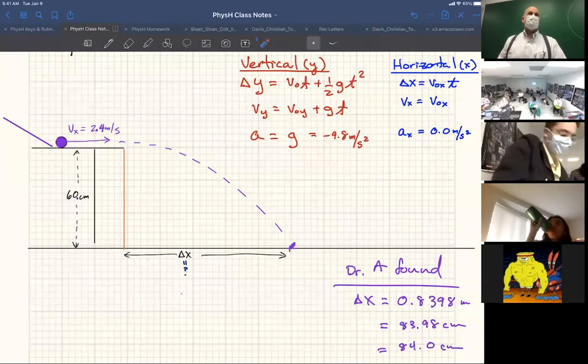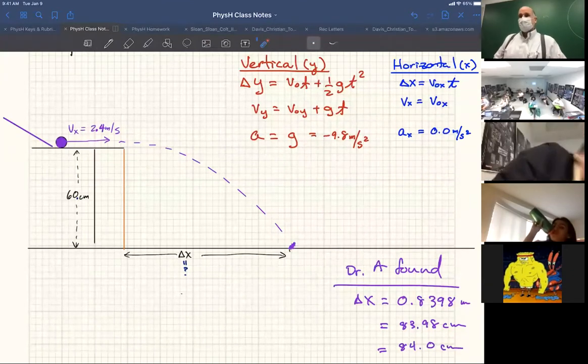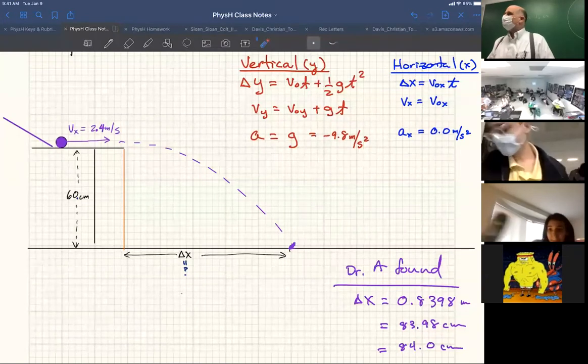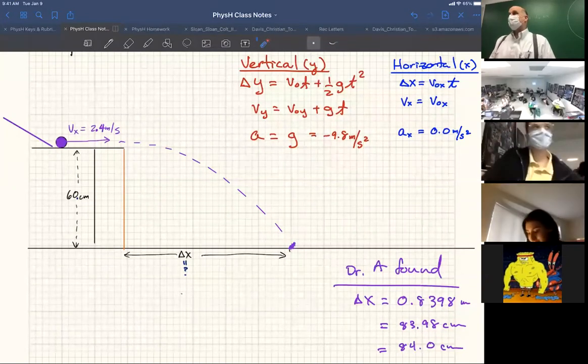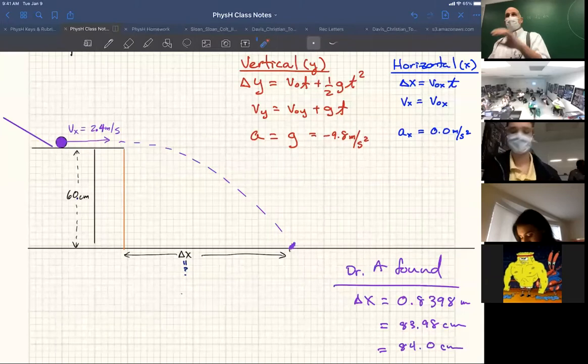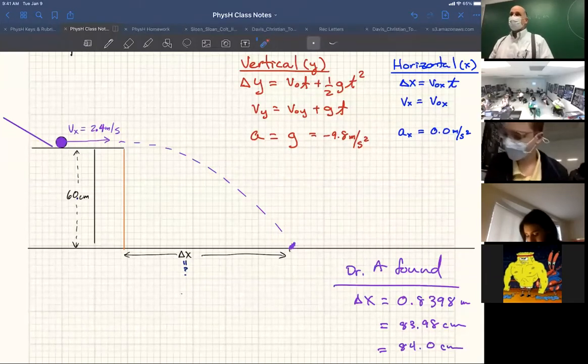Calculator chaos over there. That would be good. If we had a visitor one day, we could all randomly start dropping our calculators. Whoa.